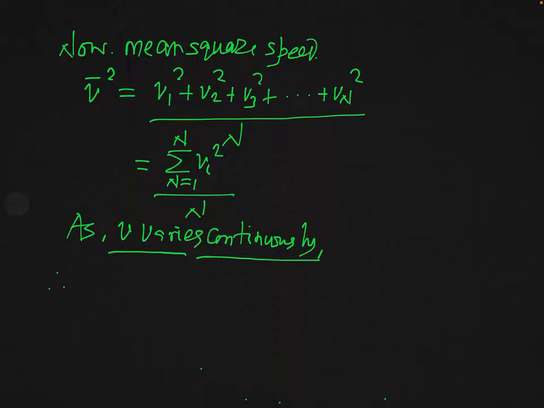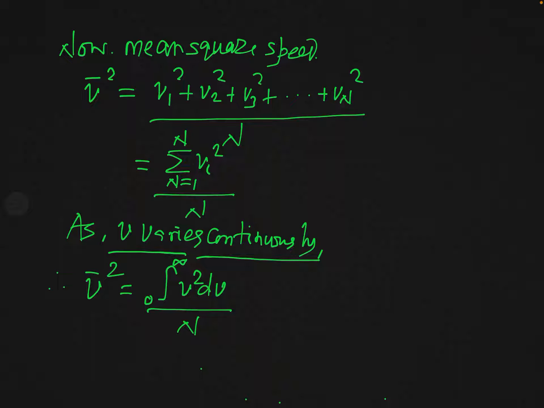Therefore the mean square speed v bar square will be equal to the integral of v square dn over n, and the limit of v will be 0 to infinity.